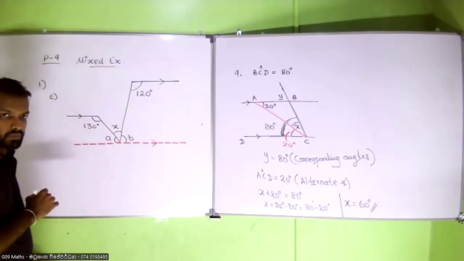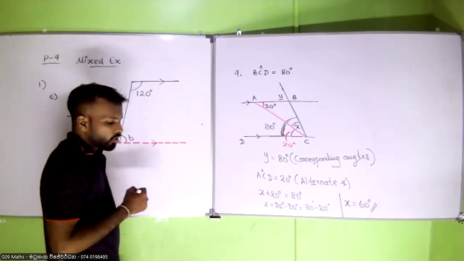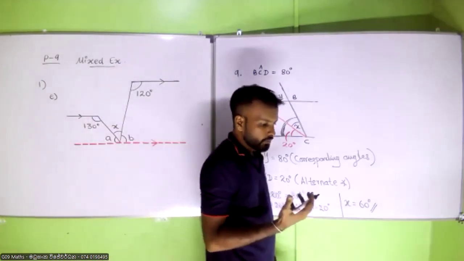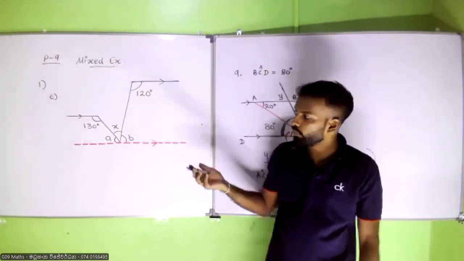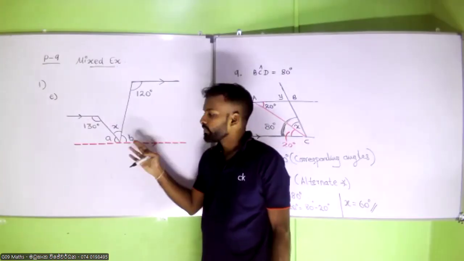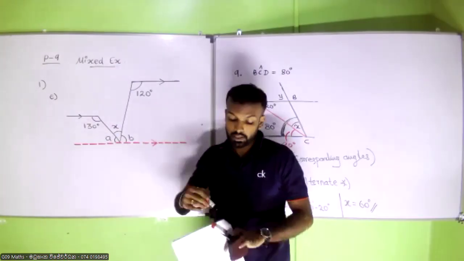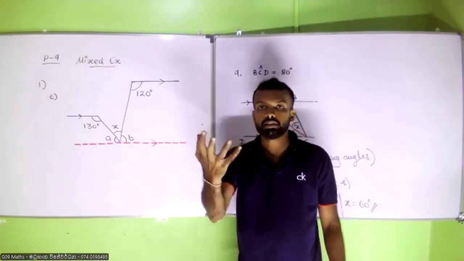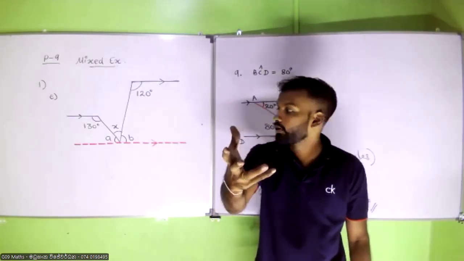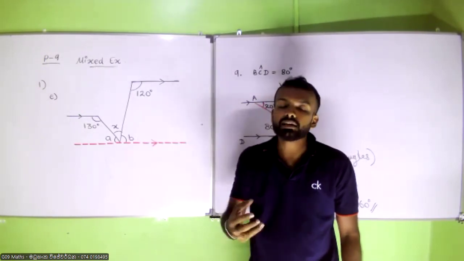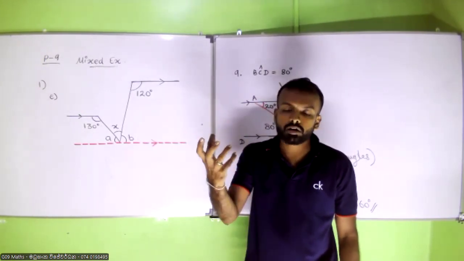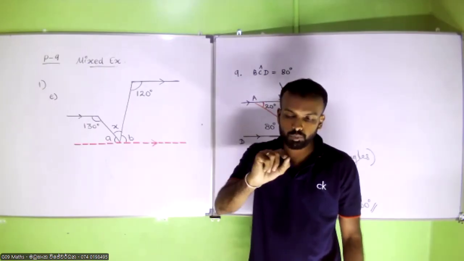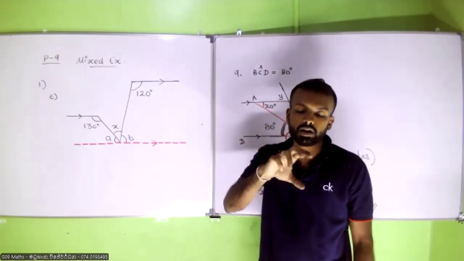When you are drawing a figure in the exam paper, you can name your angles. That is for your easiness, so that you can clearly express your idea to the examiner. You can write in your book, and then the teacher knows.